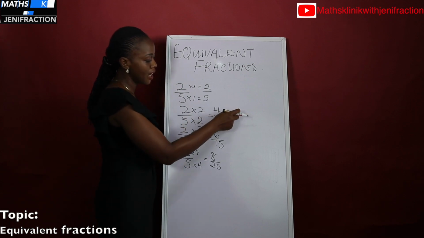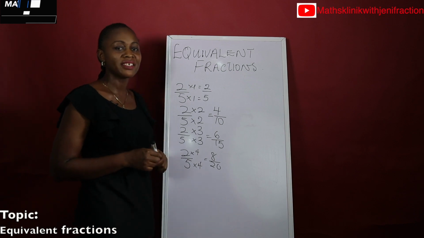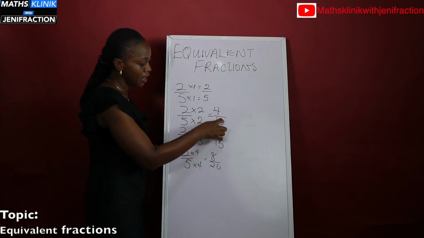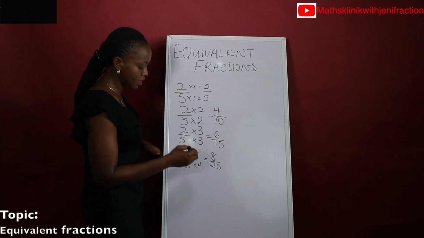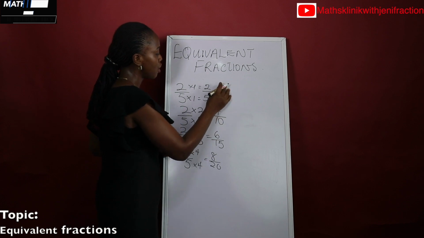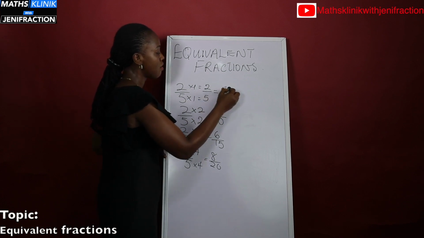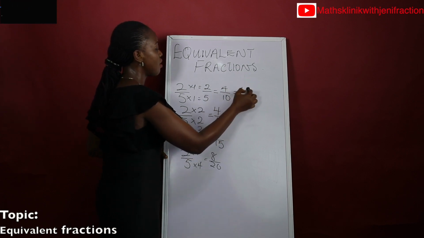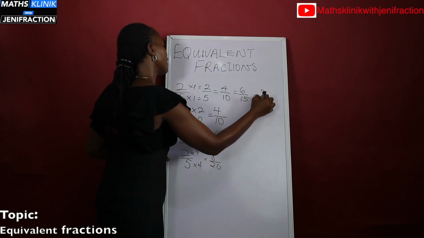Now we have 1, 2, 3. Remember, we are finding the next 3 equivalent fractions. 1, 2, 3. Now, therefore, we say 2 over 5 equals 4 over 10 equals 6 over 15 equals 8 over 20.